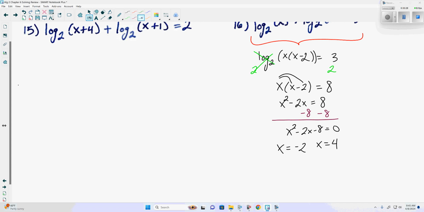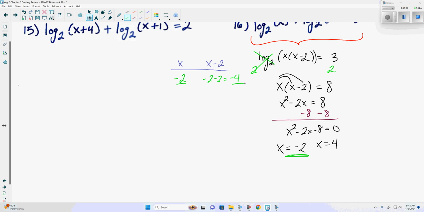We got 2 answers, so it might be helpful to check. Our 2 expressions were x and x minus 2, yes? Well, if I check with our first solution of negative 2, that'd be negative 2. Negative 2 minus 2 is negative 4.